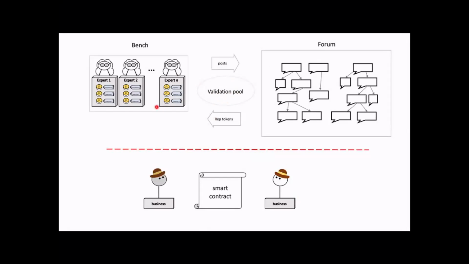So the experts send their posts to the forum, and the forum holds the history of everything that's ever happened. The forum is the publicly available history that anybody can look at and get the smart contract from. Then they pay the fees to the experts, the DAO members who do the posts, and they get the reputation tokens if the validation pool comes out on their side.